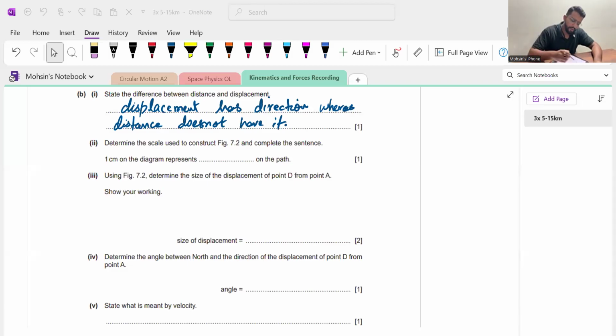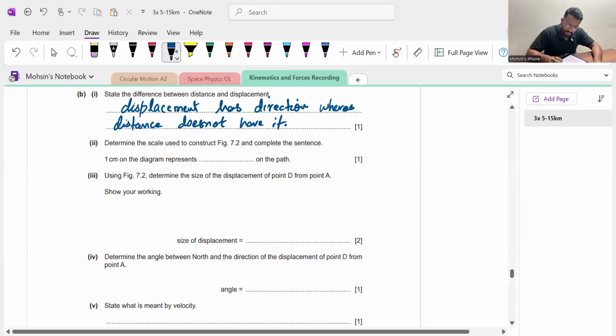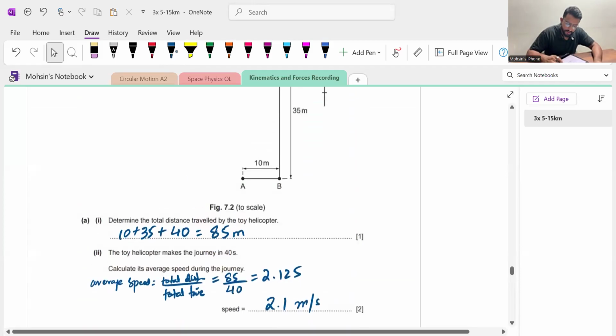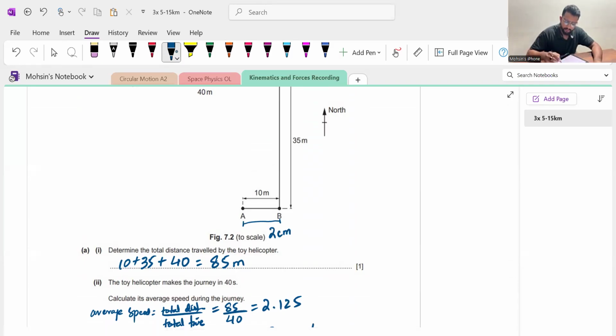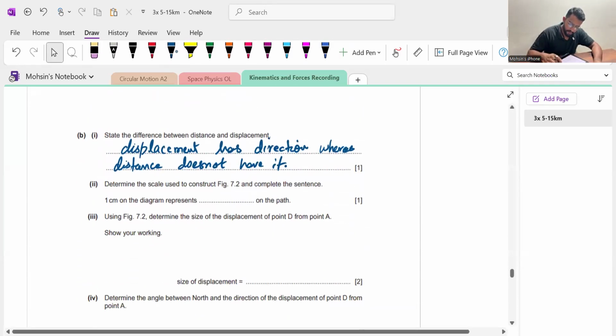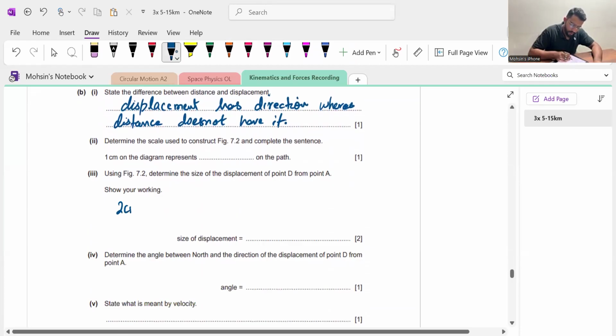So according to the marking scheme, when you measure it by using a scale, it will come out to be 2 centimeter. So 2 centimeter is representing 10 meter here.